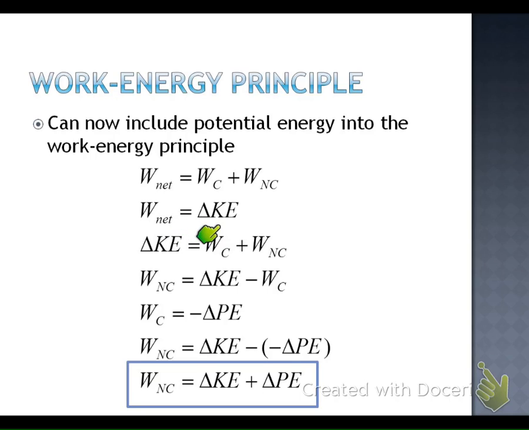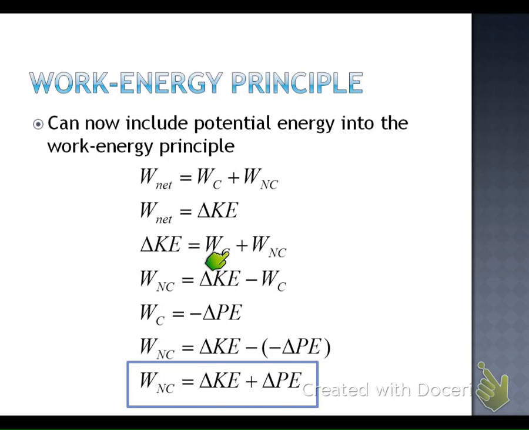We learned that our first day in this chapter: work is equal to delta kinetic energy. So if we substitute in our net work for our delta KE, we get delta KE equals conservative plus non-conservative. Are we on the same page so far? Again, you don't have to know this path. I'm just introducing it to you so that you understand where we're coming from.